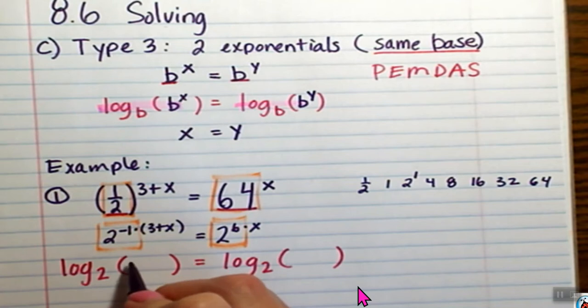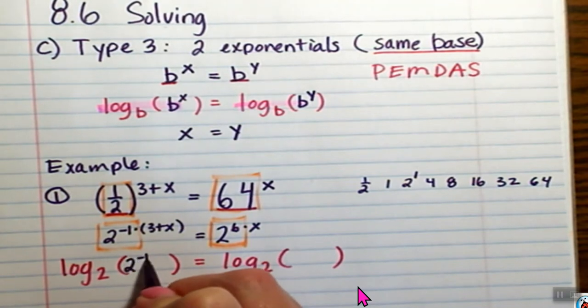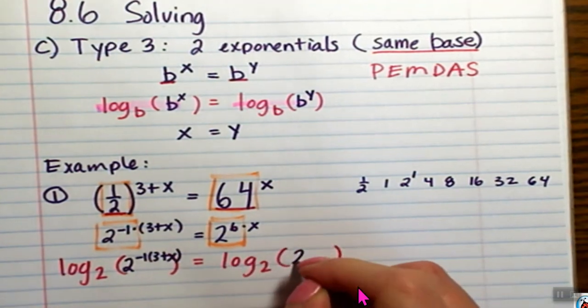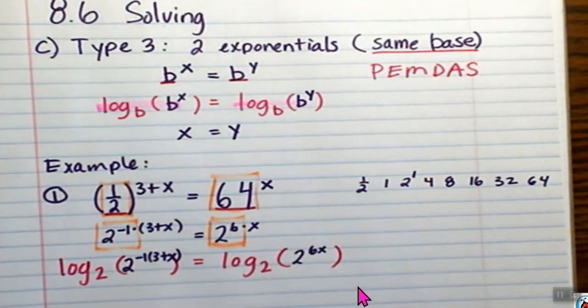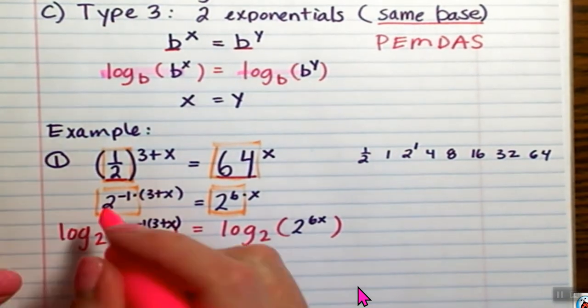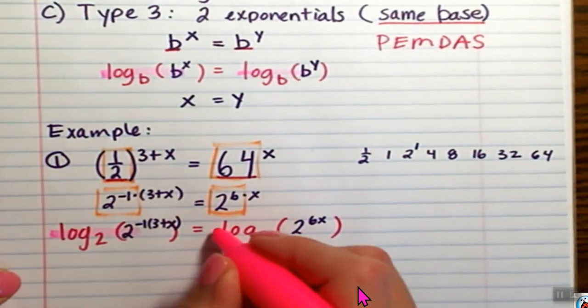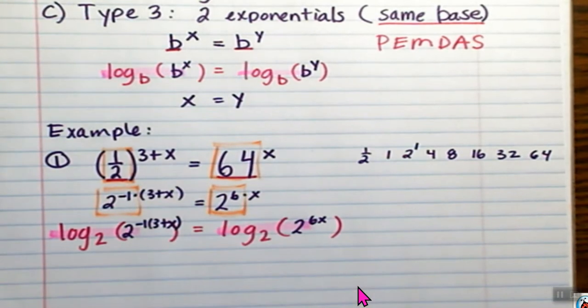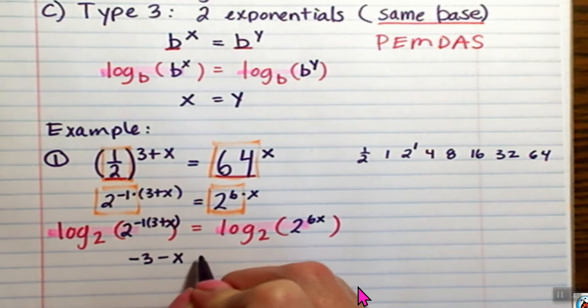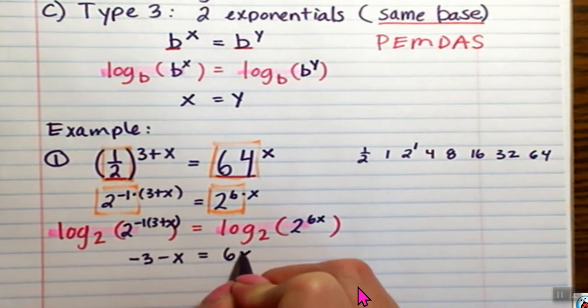All right. So as I rewrite this here, I have 2 to the -1 times 3 plus x, and 2 to the 6x. I can keep that exponent in mind, but what's going to cancel out is the inverse property, and we end up with -3 minus x equals 6x.